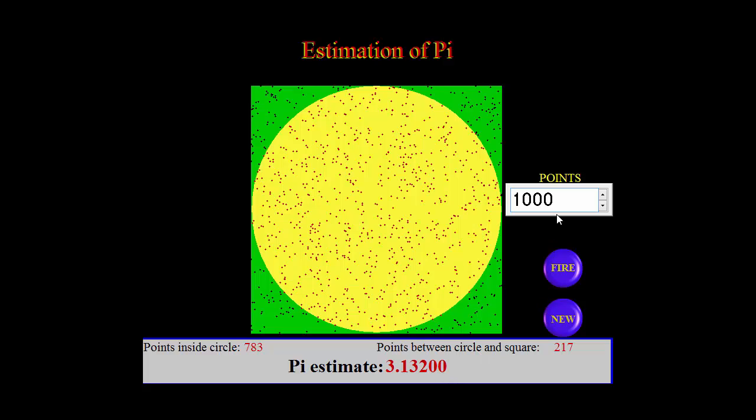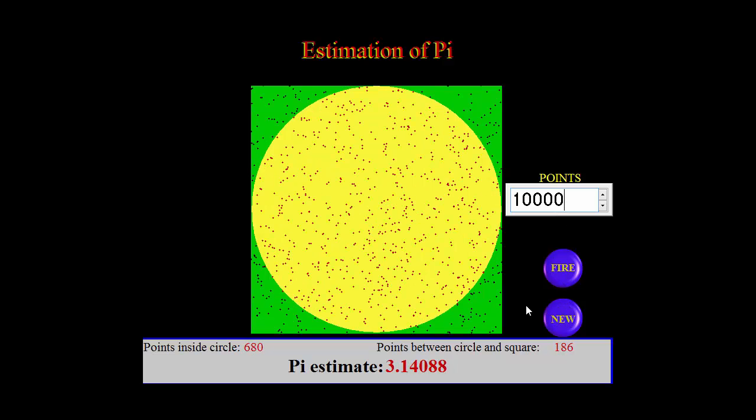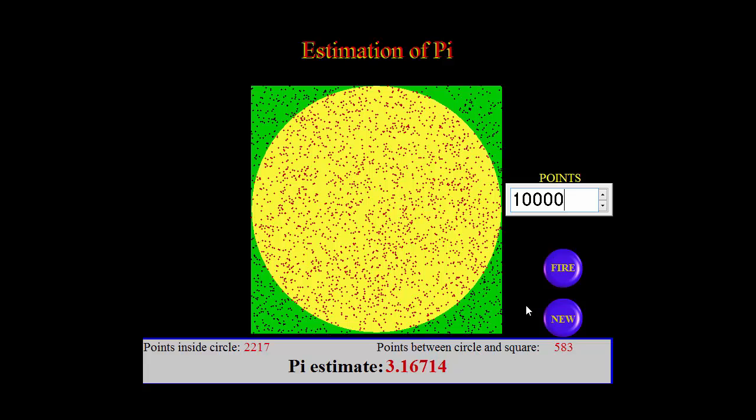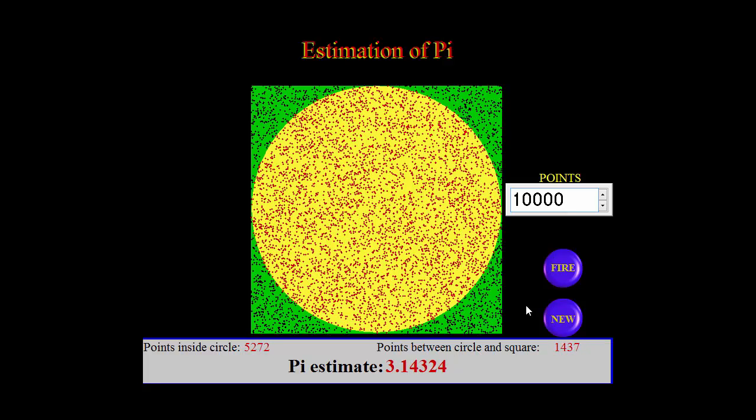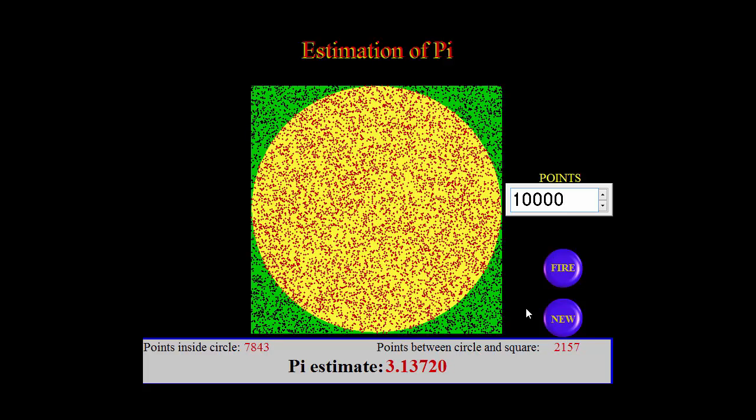Let's increase that, let's say, to 10,000. And very quickly again, we're obtaining a ratio that approximates pi to about, as you can see, 3.1372. A simple program to use, but very effective, and gives a good visual demonstration of the Monte Carlo simulation.